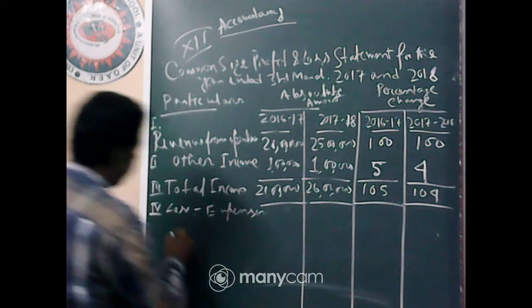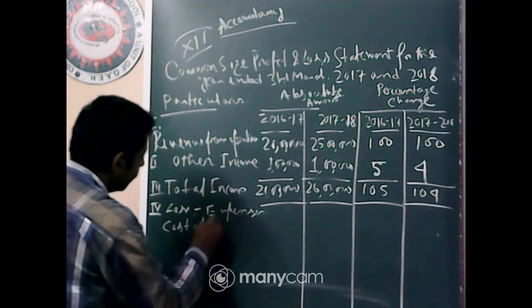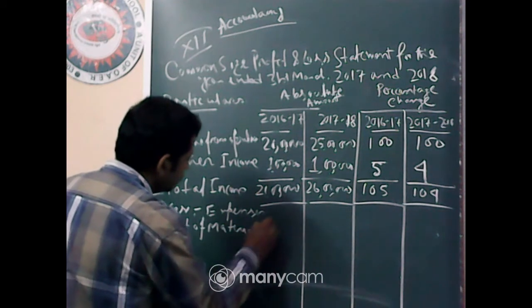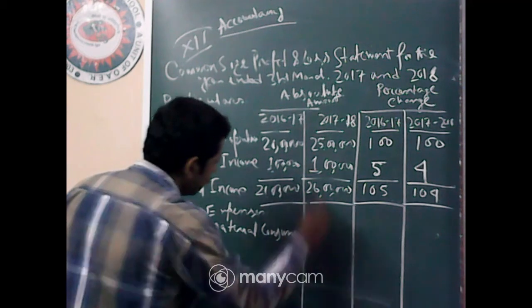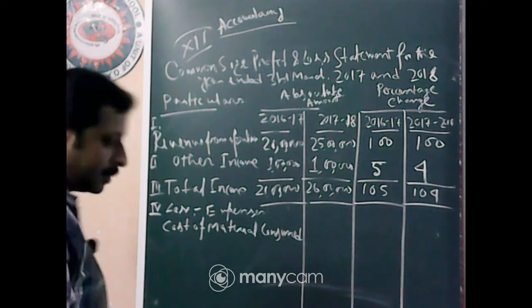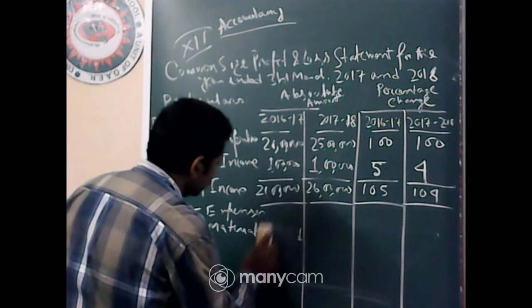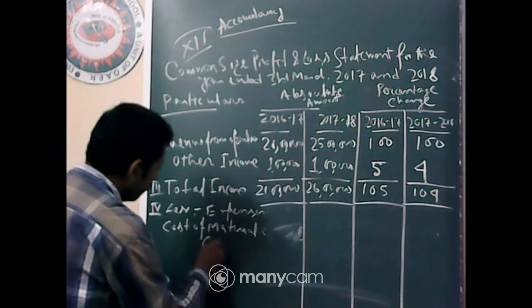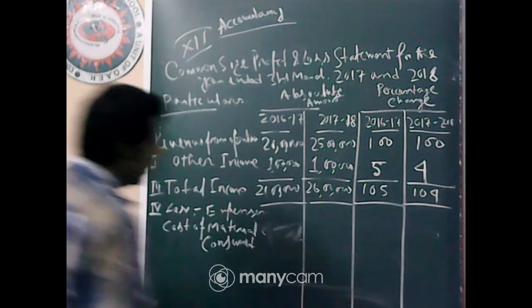What will be the expenses? That is, first is cost of material consumed. What is the figure?